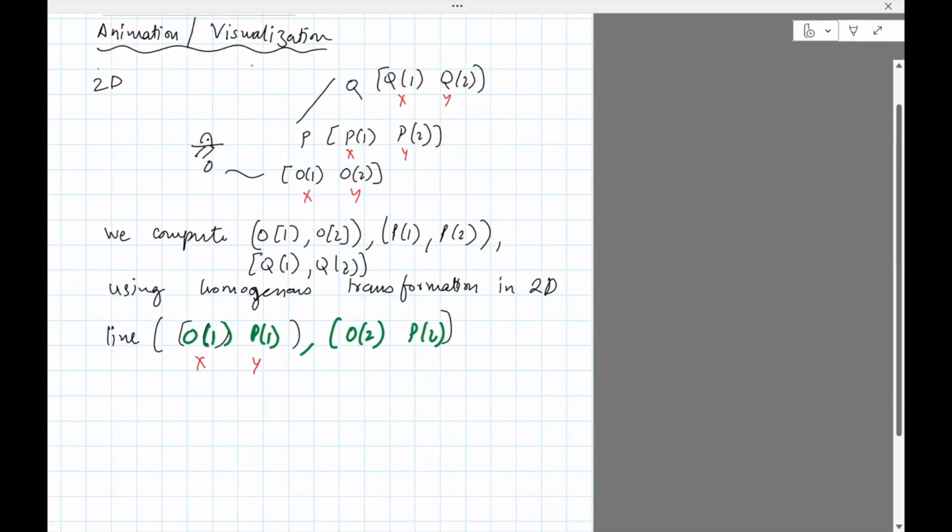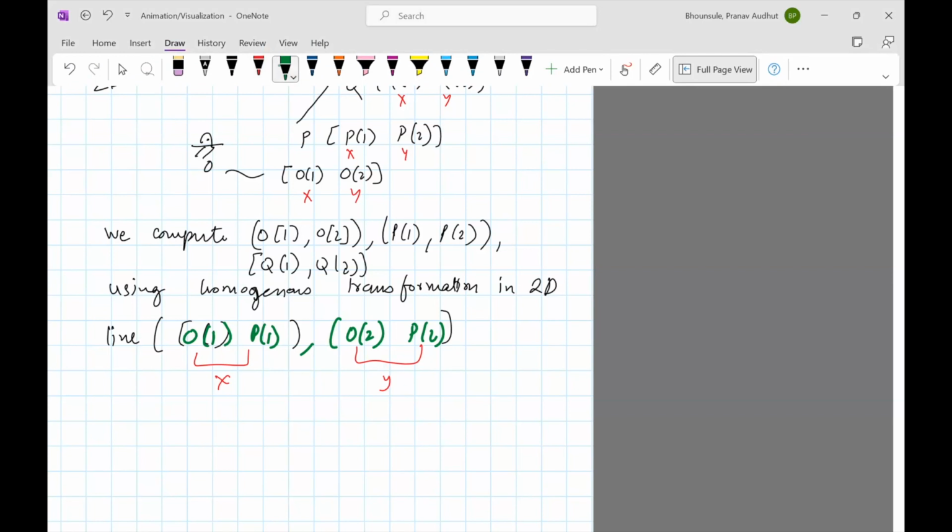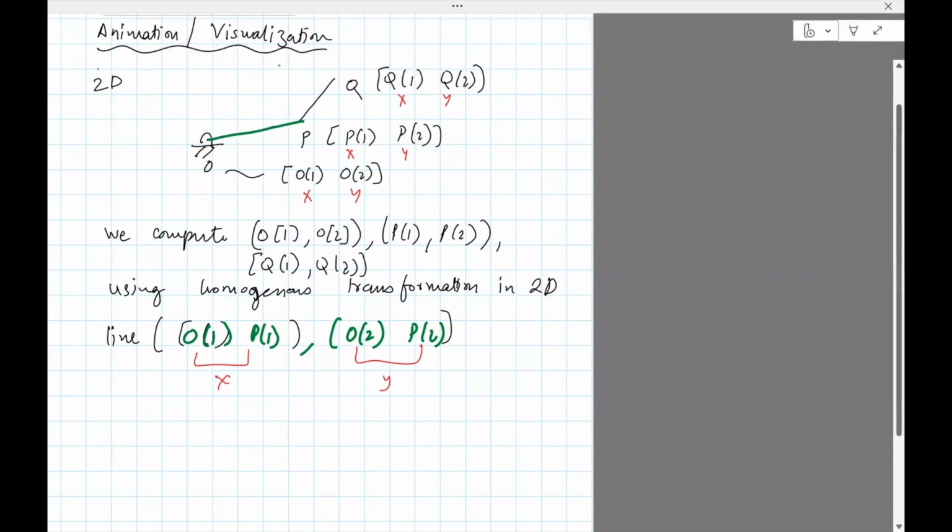So x, both are x, both are y, right? And this command basically will draw this line.